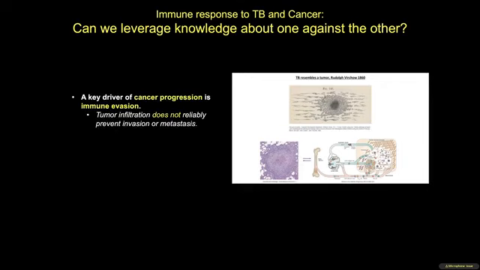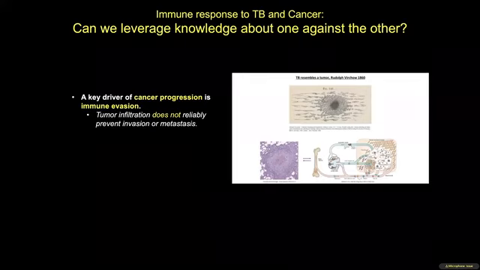And so, to dial in exactly what I mean when I say what we can leverage about one from the other: as everybody working in this field is eminently aware, a key driver of cancer progression, as it's been appreciated particularly over the last 10-15 years, but actually known for much longer than that, is that cancer progression seems to really require immune evasion in some respect.